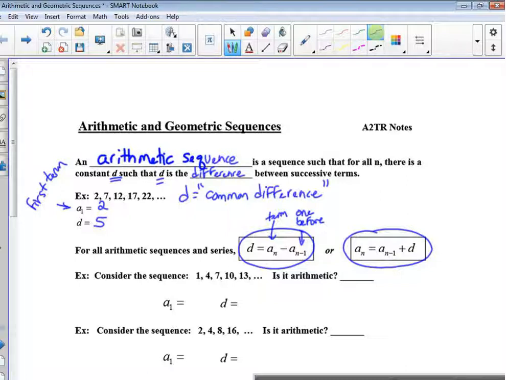So if you took the term and then the one before plus the common difference, so if you take 12 and that's a sub n, the term before that is 7. 7 plus 5 would equal 12.